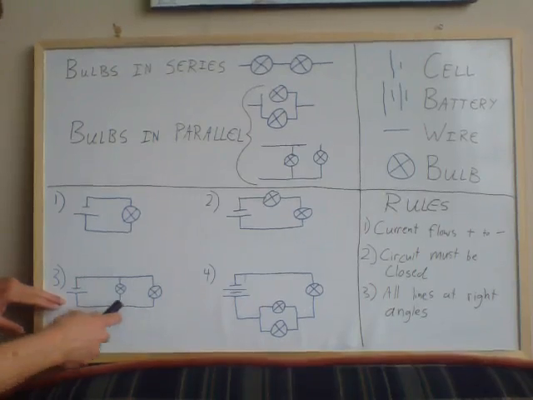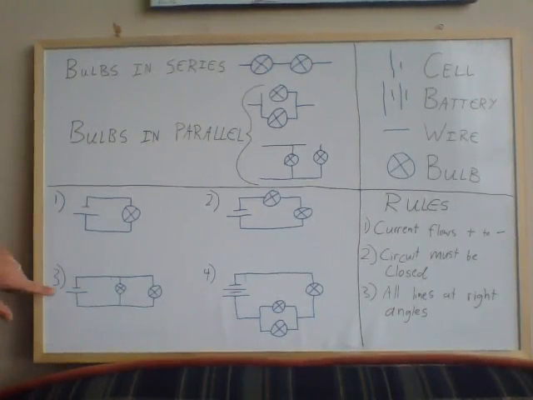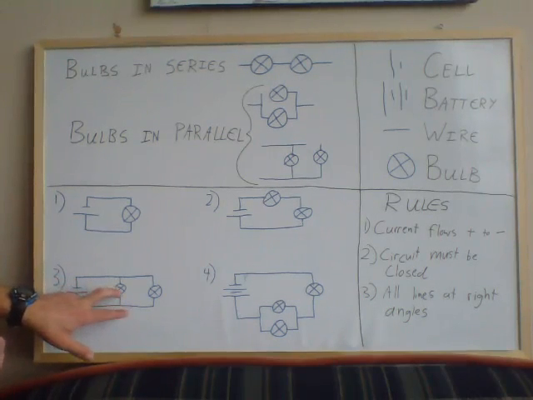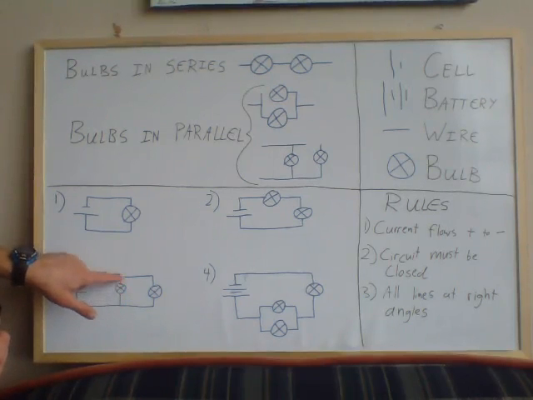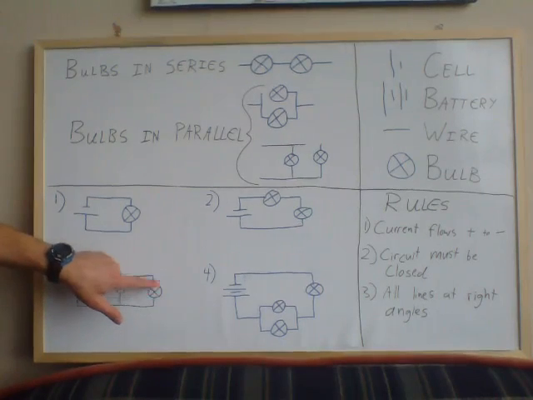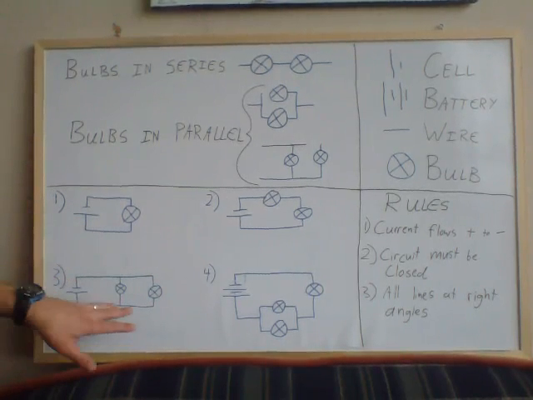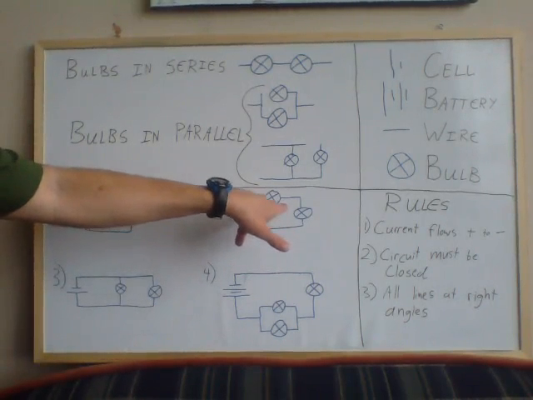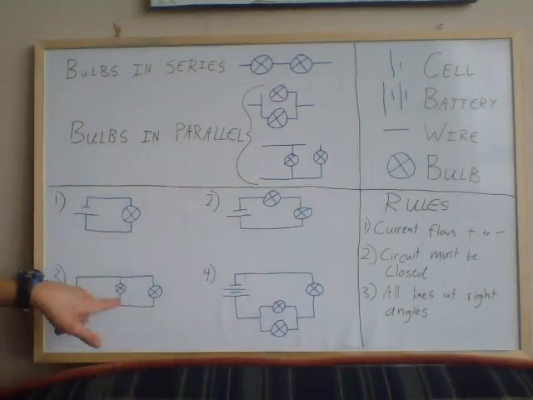Number 3 down here, we've got, again, our power source. Electricity is going to flow, and then it's going to split. It can either go to this bulb or to this bulb, and then back to the power. So this is 2 bulbs in parallel. 2 bulbs in series, 2 bulbs in parallel.